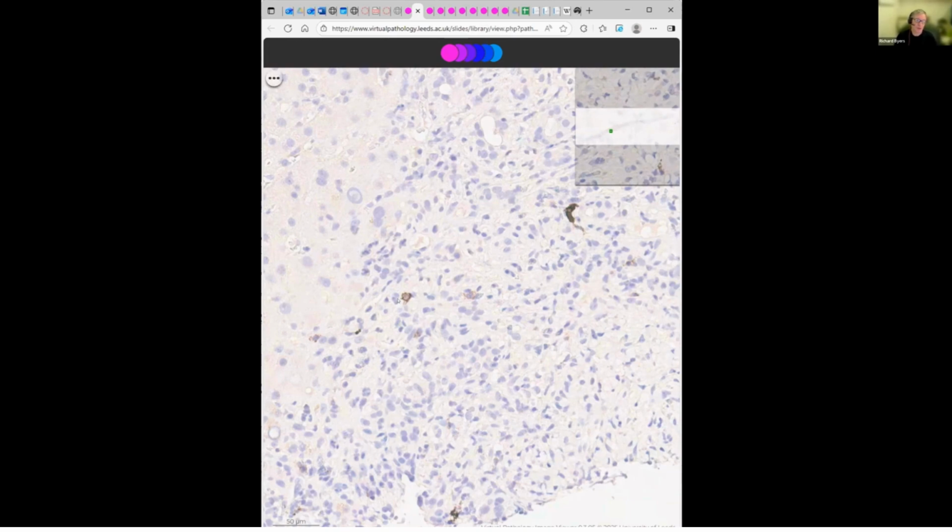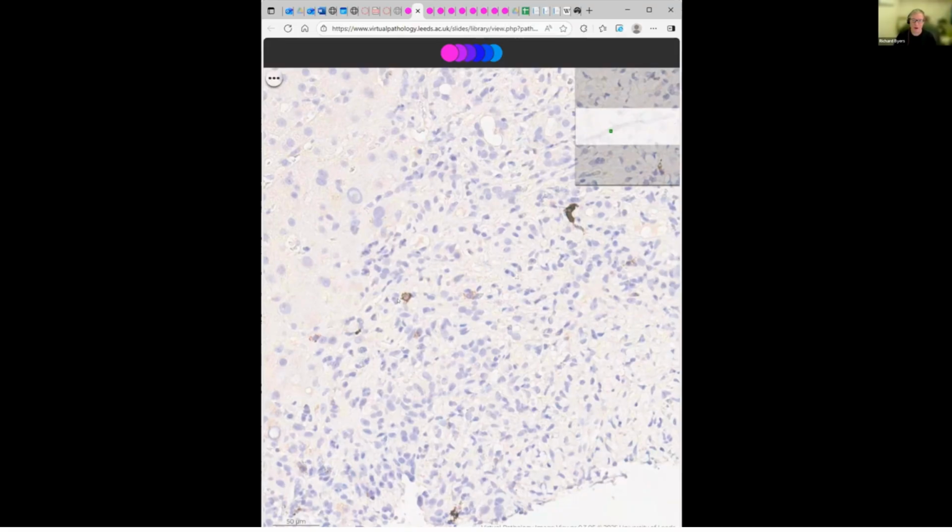So I think the immunos we'd use are CD3 and PAX5. Very rarely Hodgkin's can be positive for CD3.